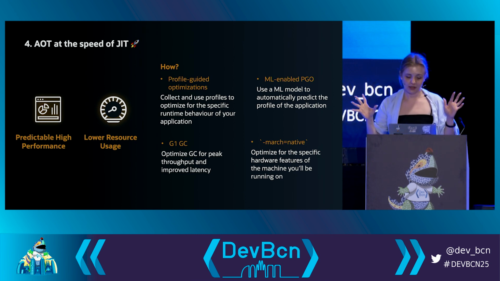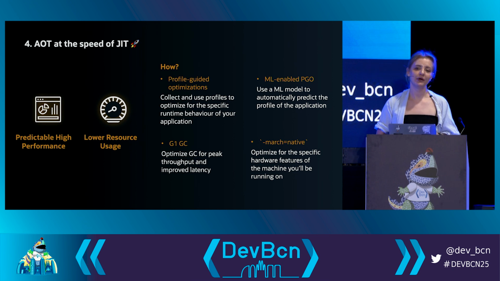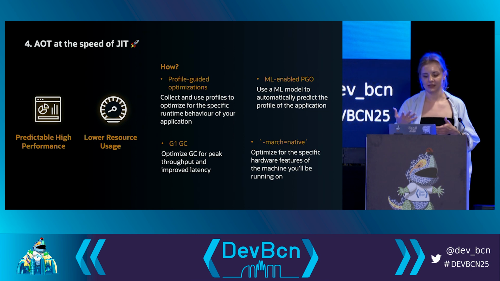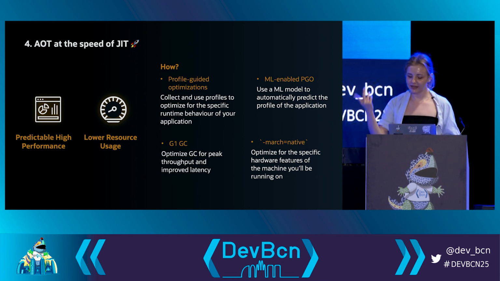Now, for GC, you also get options with native image, but if we are talking about peak throughput and optimizing for that specifically, I do recommend that you try out G1 GC. Most likely, it will give you more peak throughput than, for example, serial GC. And then the last flag here is that native image always produces a platform-specific native executable.